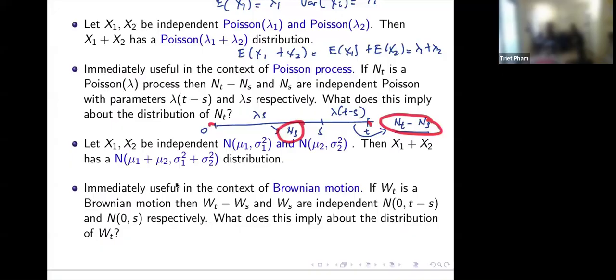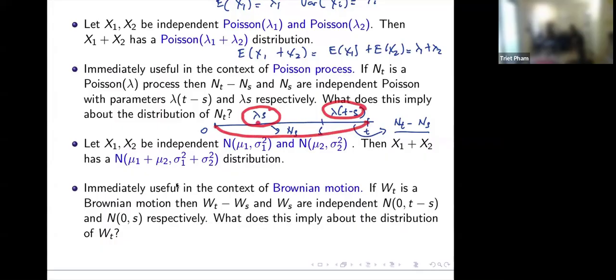That sounds like a truism, but the math behind it must also try to be consistent. That is, if this is a Poisson random variable and this is a Poisson random variable, you kind of want the whole process to be a Poisson random variable as well.